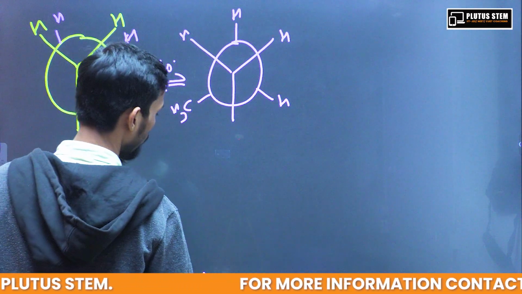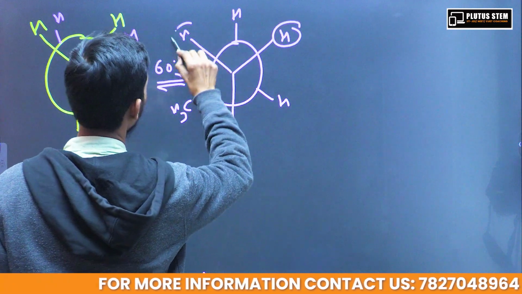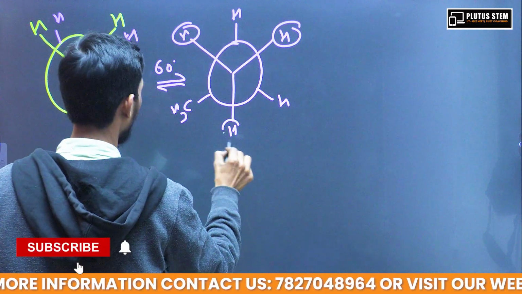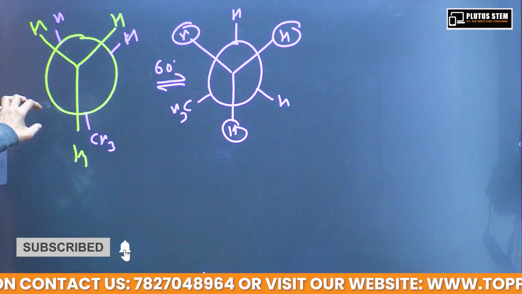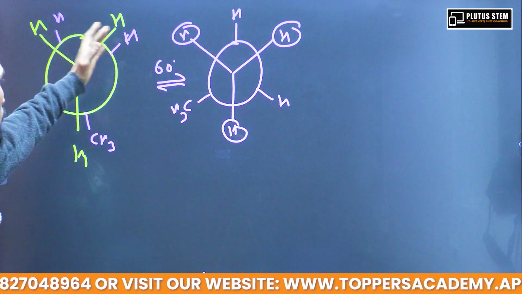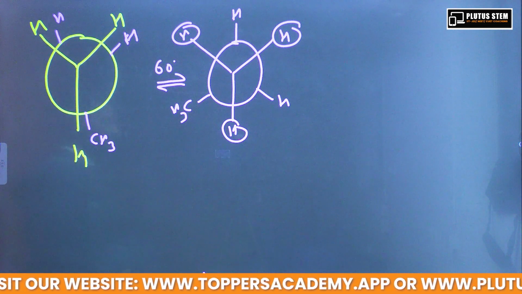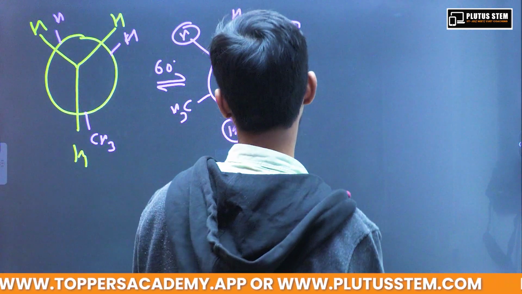Because these positions are fixed, we have just rotated these CH3 at this side, this H over here, and this CH3 at this side. Clear or not?